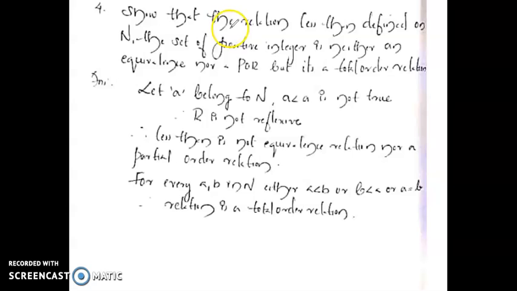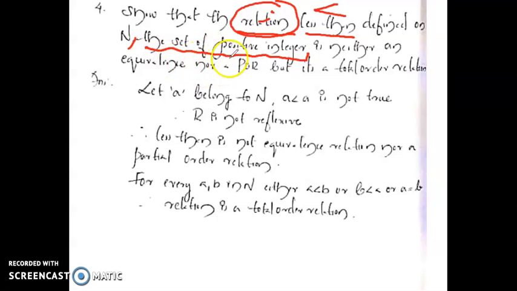Here is a question. Show that the relation less than, defined on N, the set of positive integers, is neither an equivalence nor a partial order relation, but it is a total order relation.